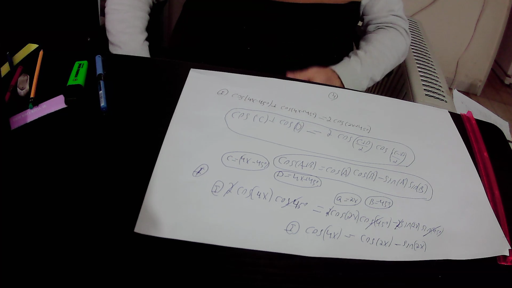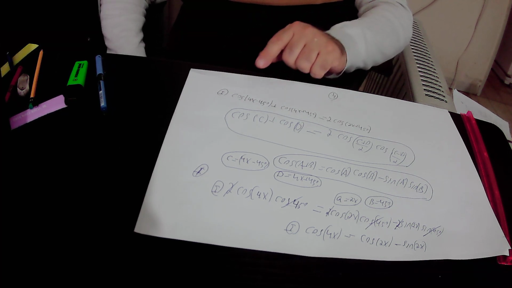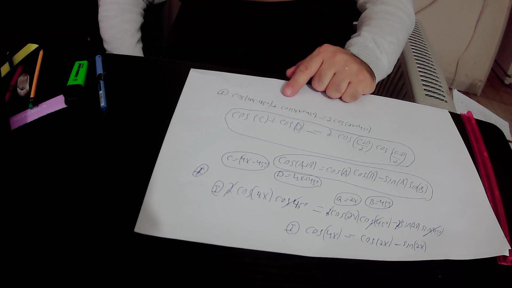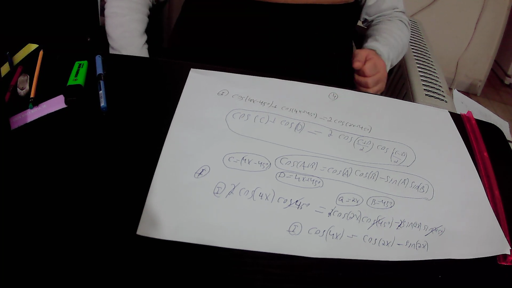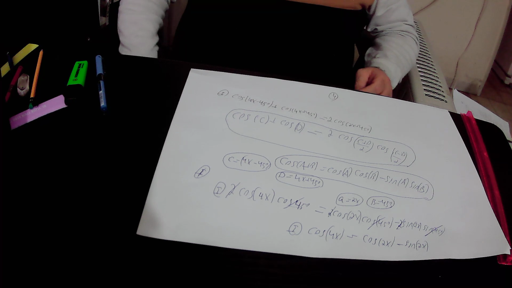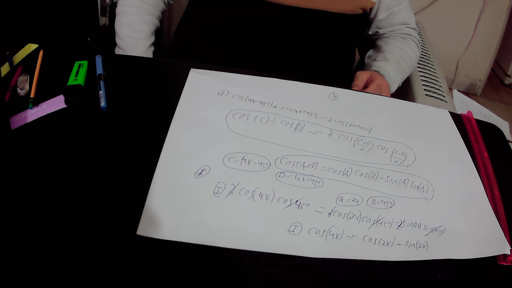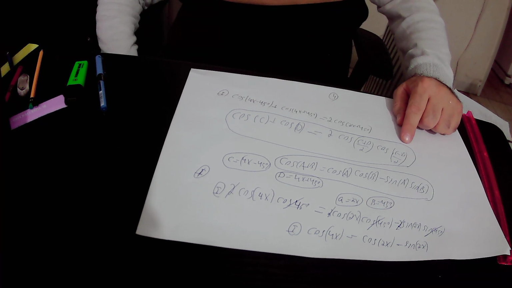Here we simplified this expression by the trigonometric identity that states that cosine c plus cosine d equals 2 cosine c plus d over 2 times cosine c minus d over 2.